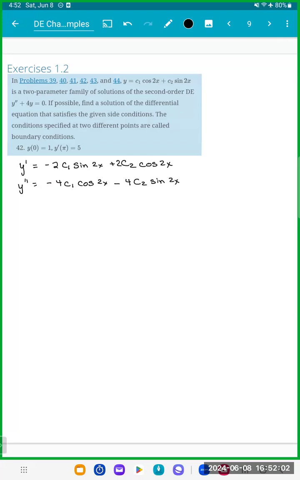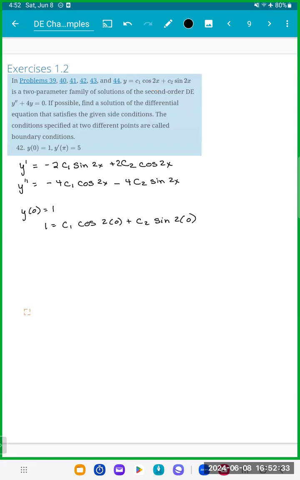Okay, so we were given 2 initial conditions. The first one was y(0) equals 1. So we have 1 equals c1 cosine, our original equation up here, c1 cosine of 2 times 0 plus c2 sine of 2 times 0.